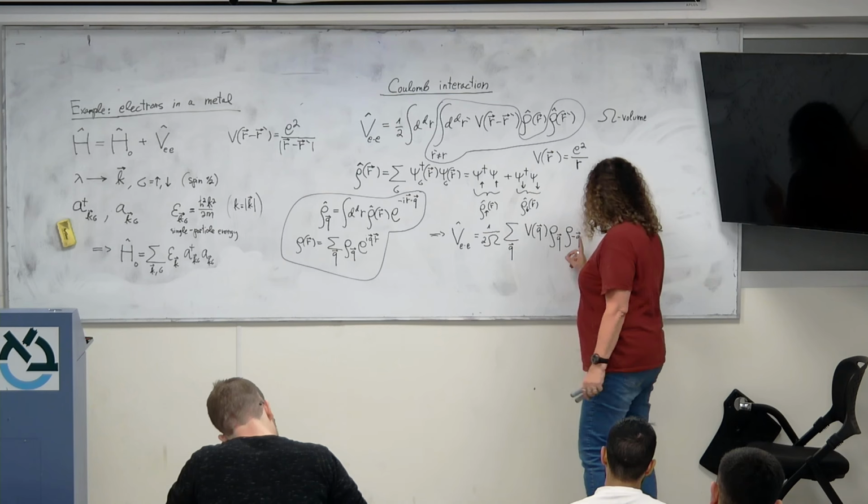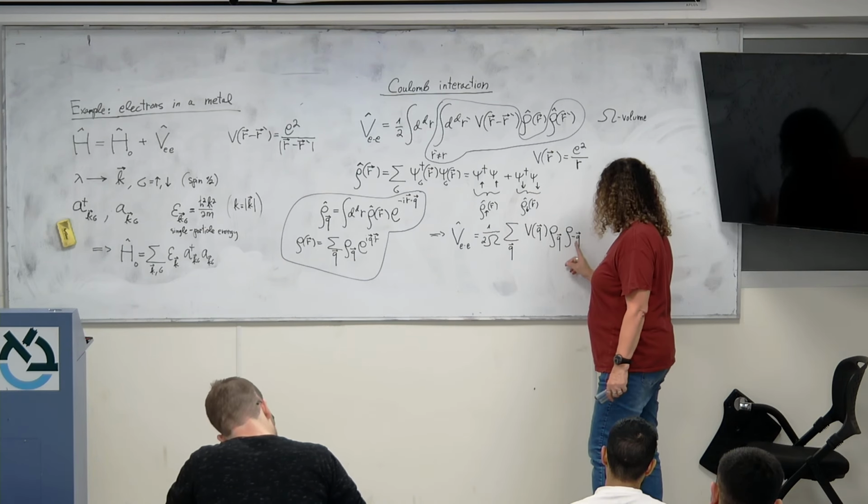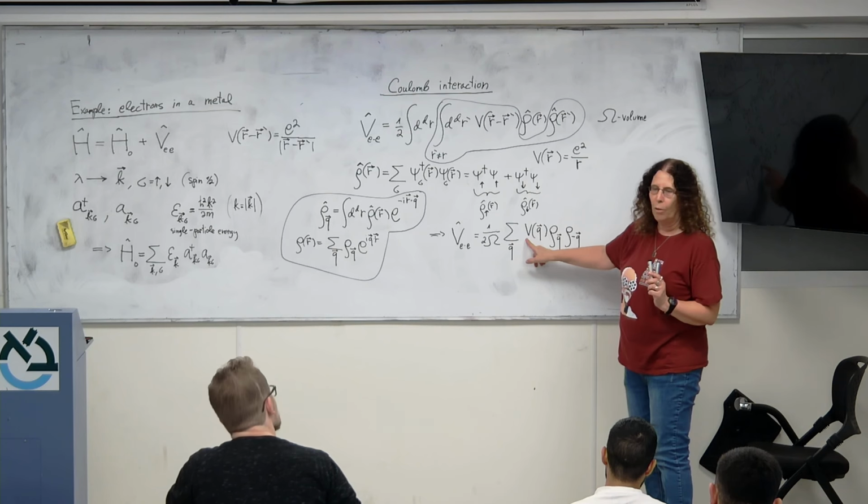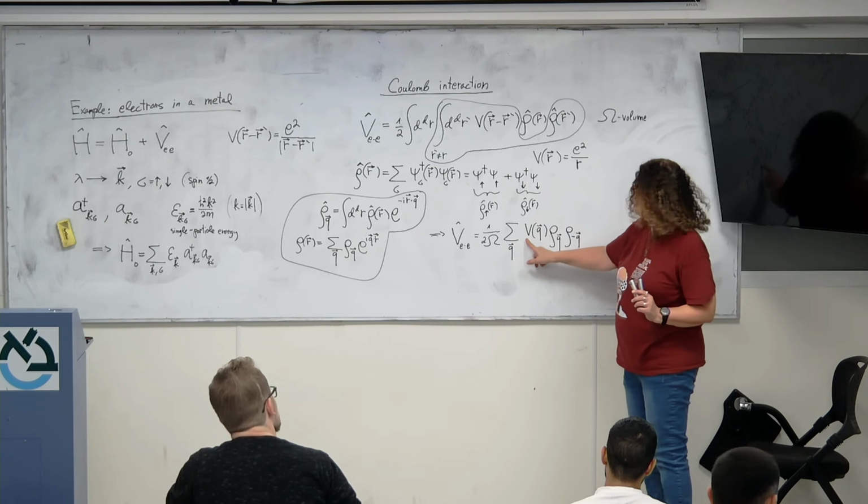And there's one important thing that I wanted you to notice. First of all, what is V_q? It's the Fourier transform of V of r.